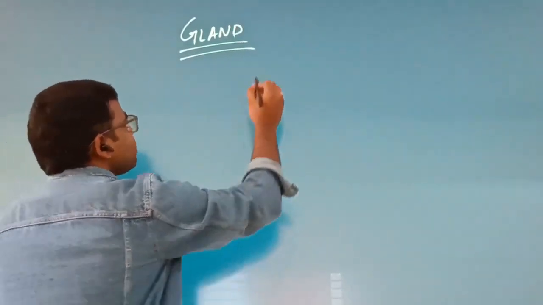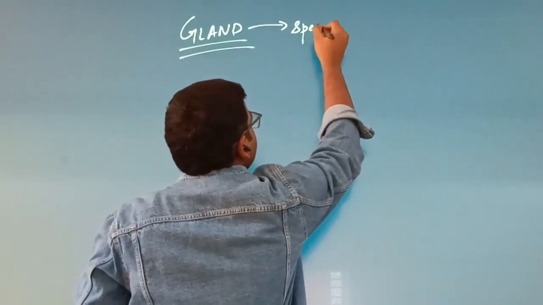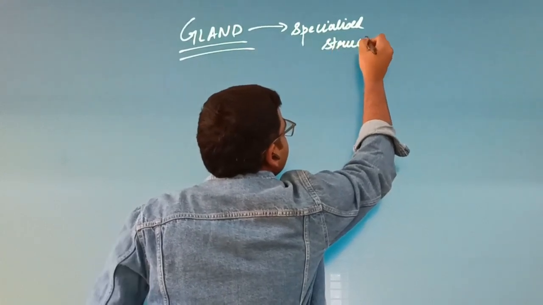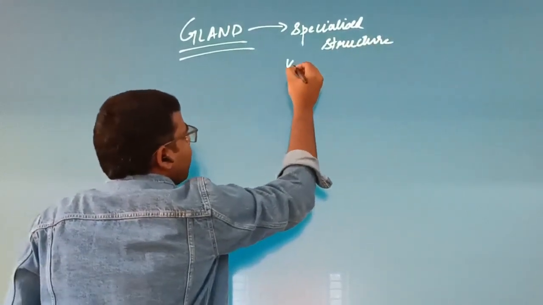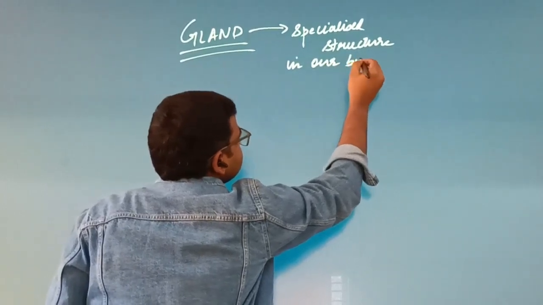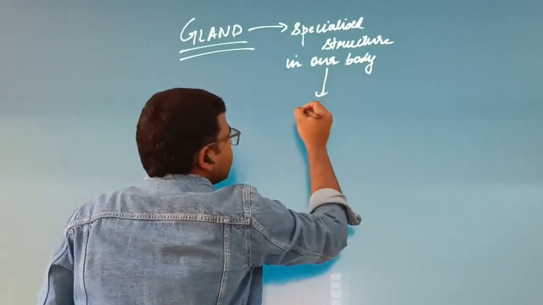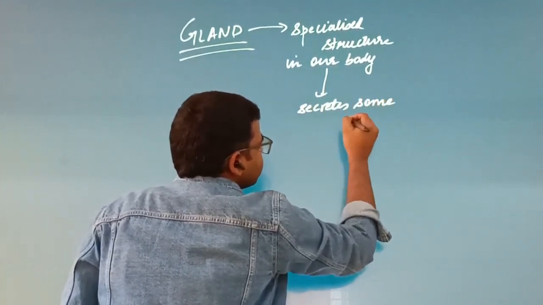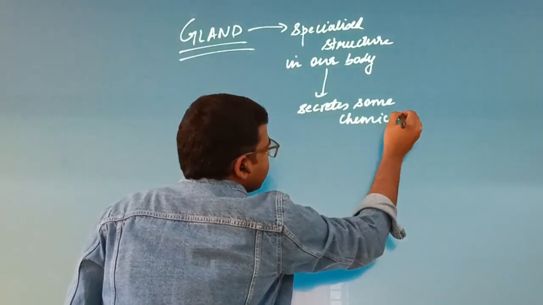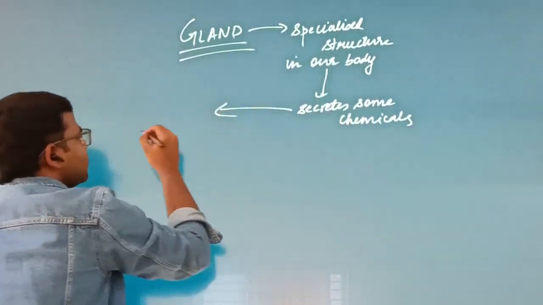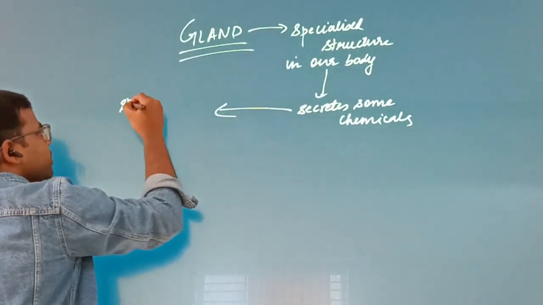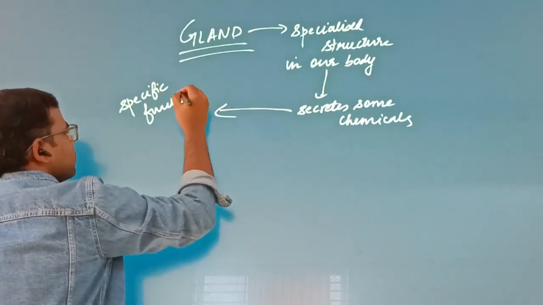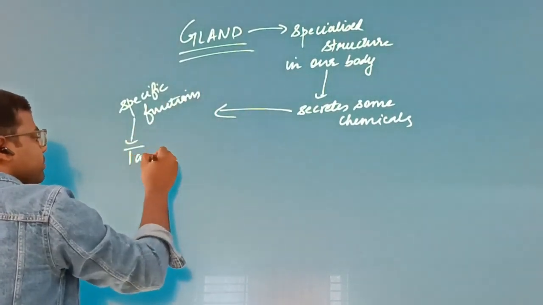So glands are specific or specialized structures in our body which secrete some chemicals, and these chemicals have some specific functions on the target site.